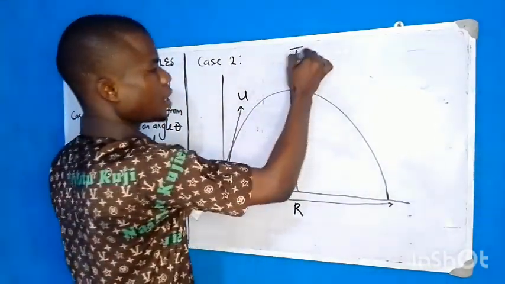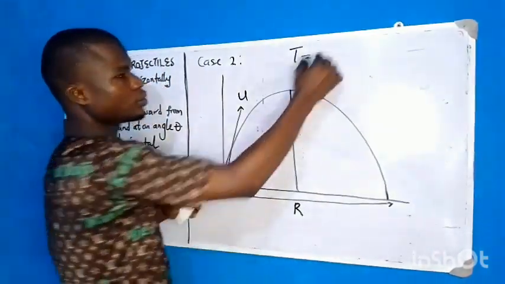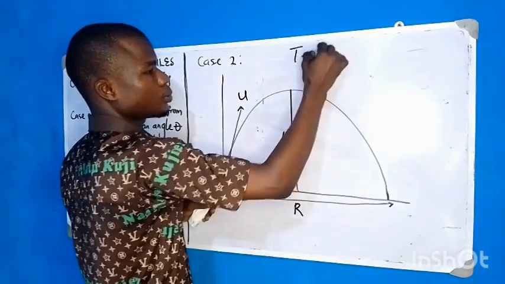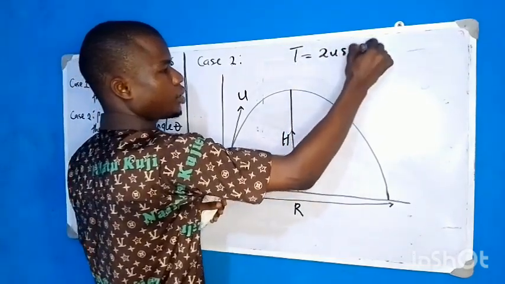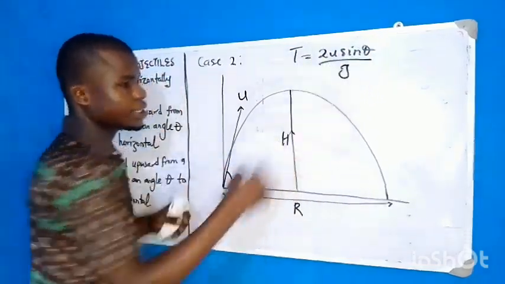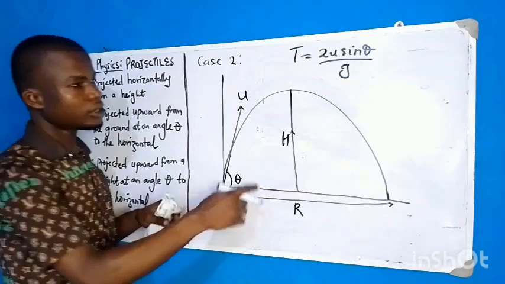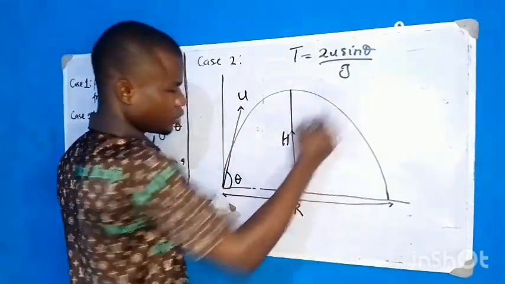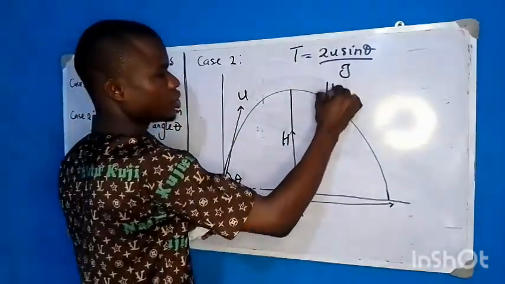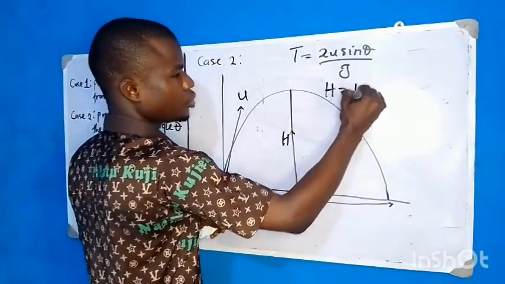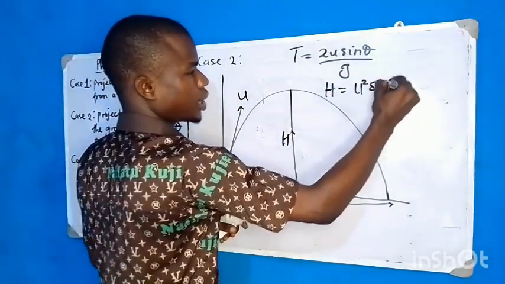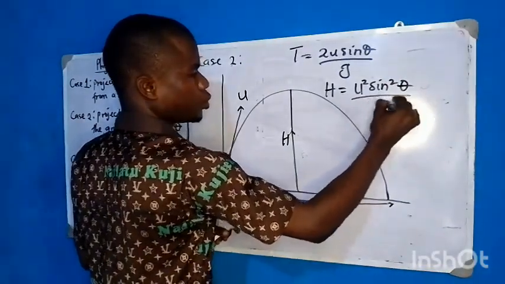Here T is equal to 2u sine theta over g. That's the time of flight for the object that is projected in this case. The next thing is the maximum height h. H here is u squared sine squared theta over 2g.